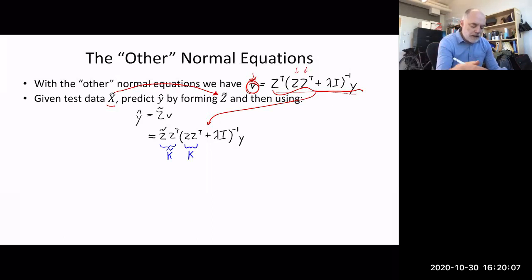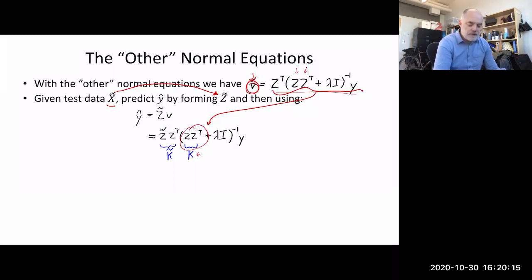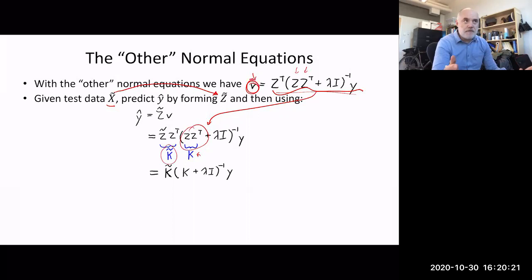What we're going to identify is this z transpose thing, which we'll call a matrix K, and this z twiddle times z transpose matrix, which we'll call another matrix K twiddle. By defining those things this way, we can write down our prediction in terms of these matrices K tilde and K. It shouldn't be clear why we're doing this yet.